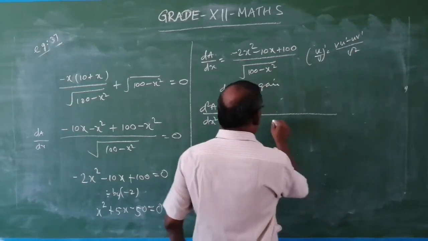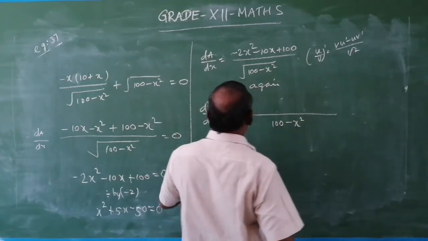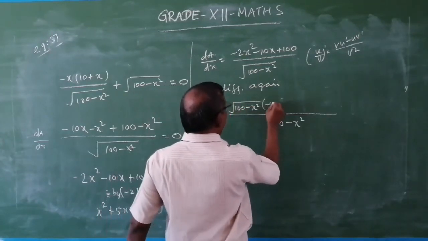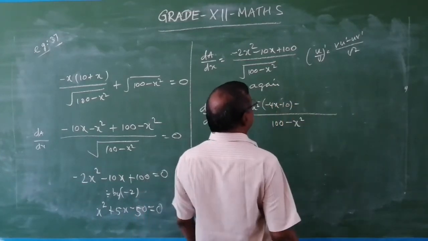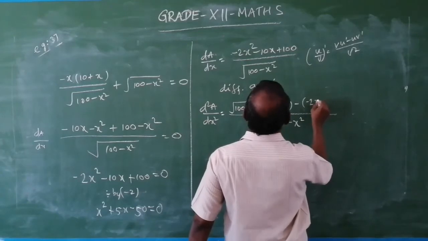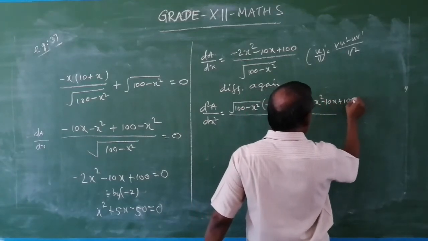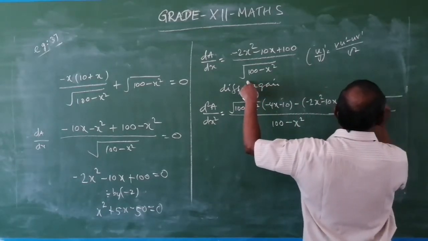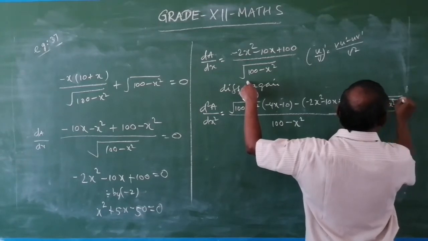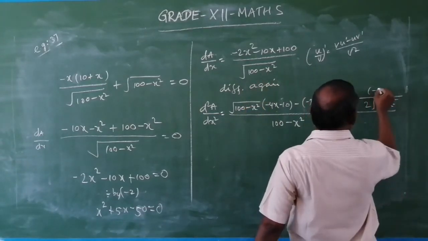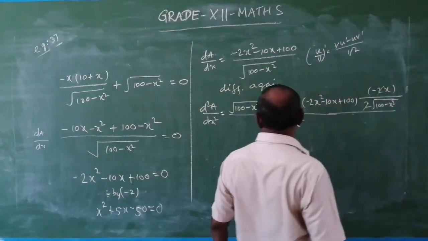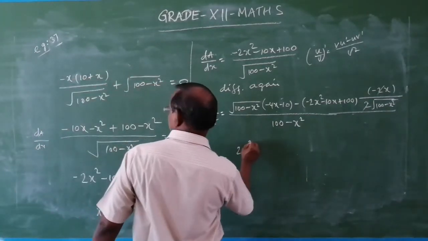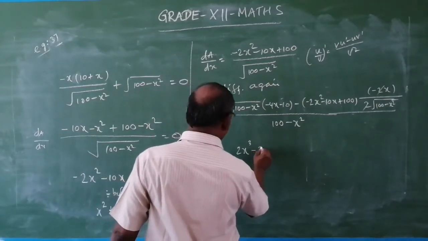So v square is 100 minus x square, and v into u dash, v equal to 100 minus x square into u dash means minus 4x minus 10, minus u into v dash, minus of minus 2x square minus 10x plus 100 into v dash means 1 by 2 into root of 100 minus x square into minus 2x.